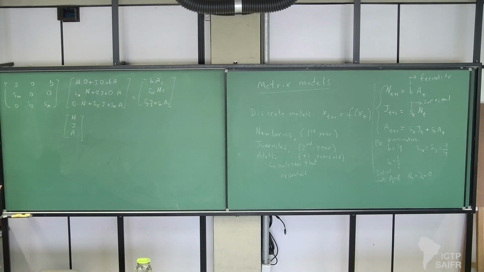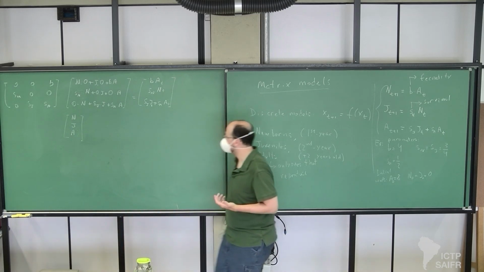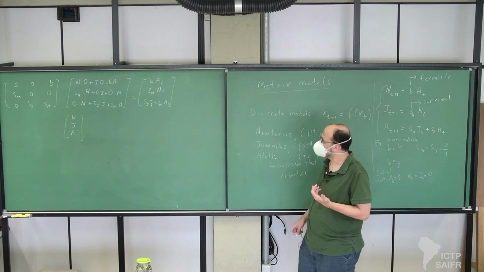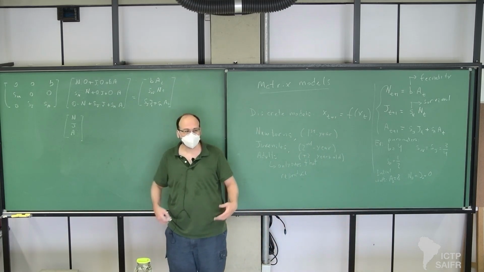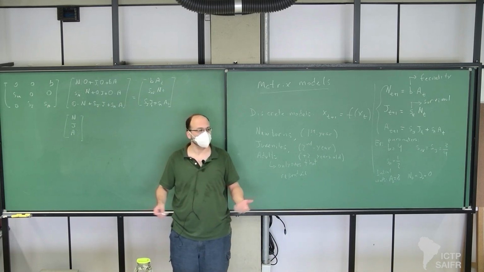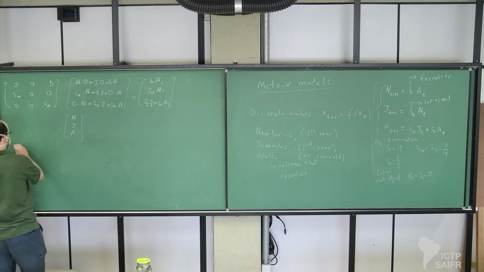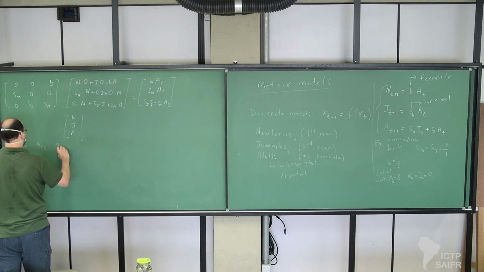Instead of using these particular values here, let's write a general matrix. What if I had, instead of this, a full matrix here. So I have A11, A12, A13.